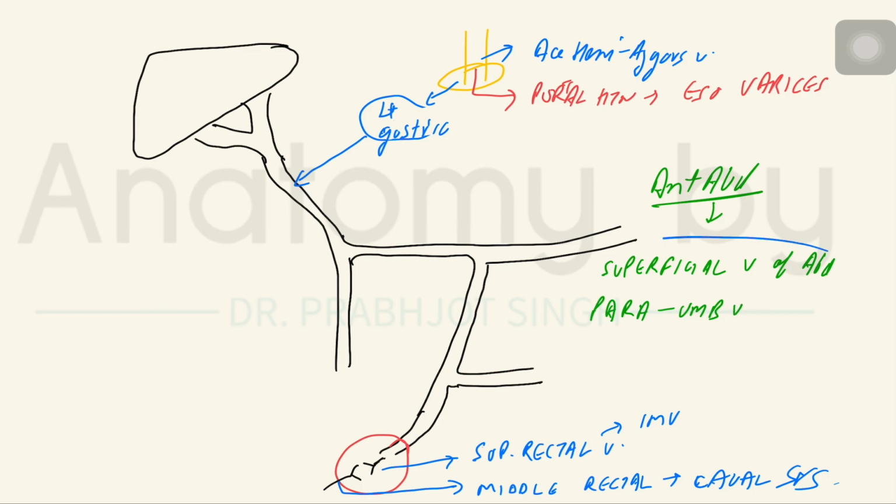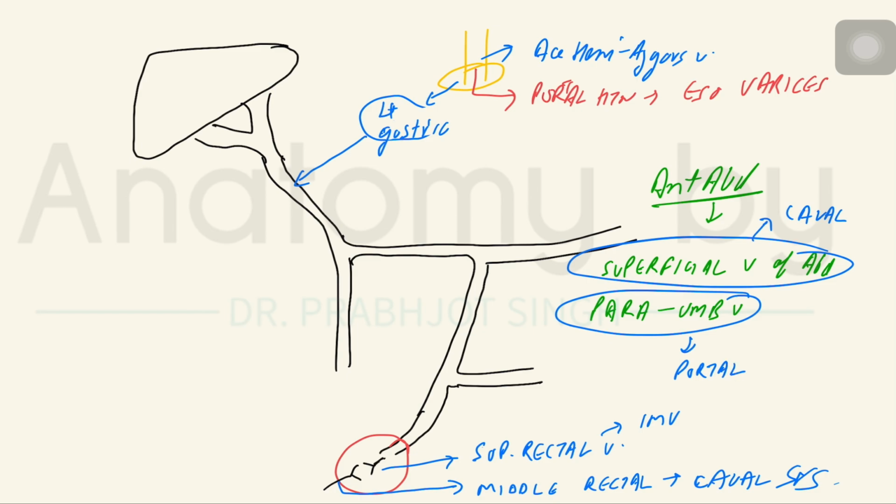Superficial veins of the abdomen drain into the caval system, and para-umbilical veins drain into the portal system. Para-umbilical veins drain into the left branch of the portal vein.